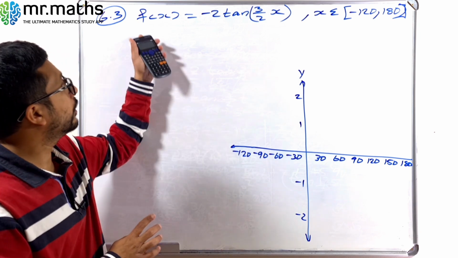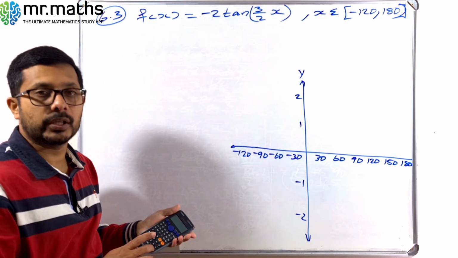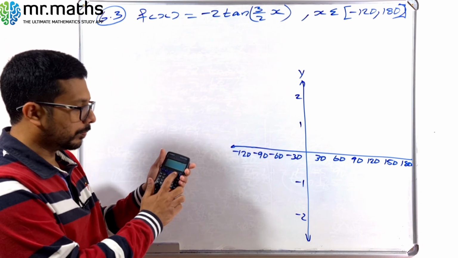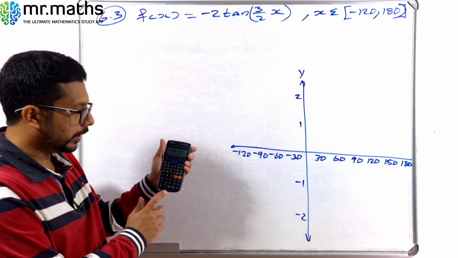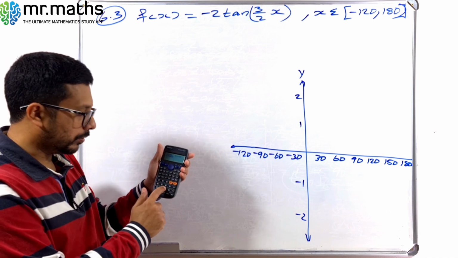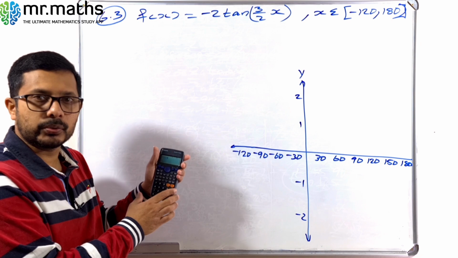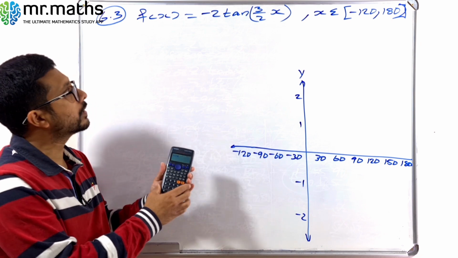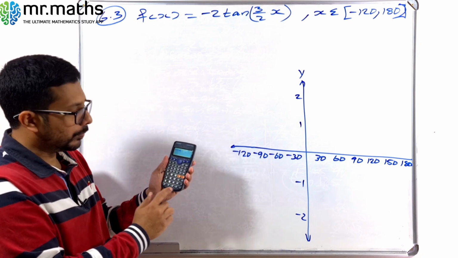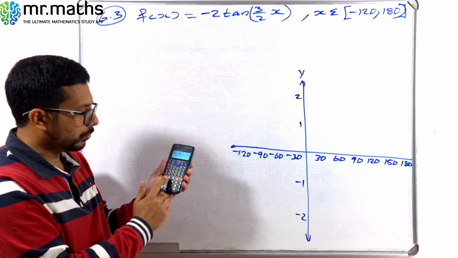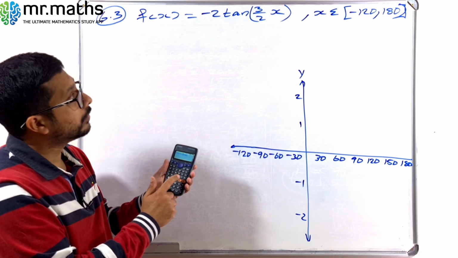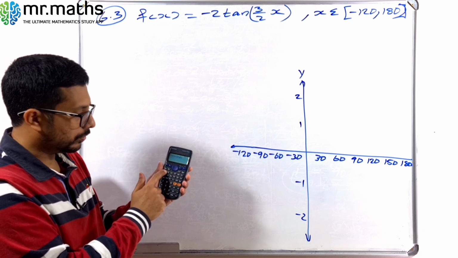Now we can type this equation. How can you type the equation? Press mode, then 3 for table. Now you can see f of x equals. Type that equation, minus 2 tan 3 over 2 x.